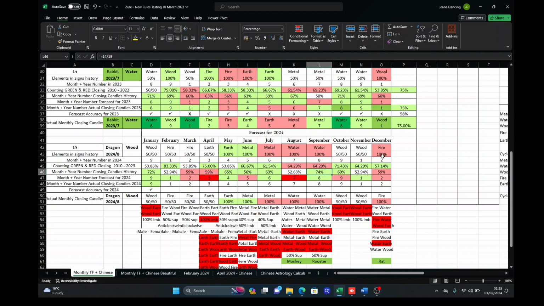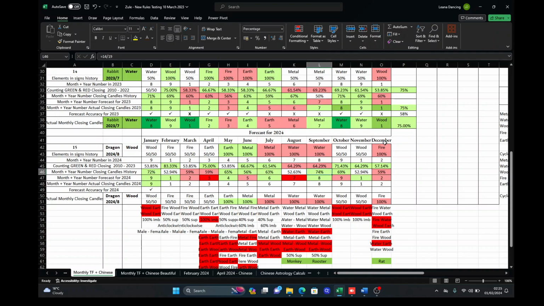And I have forecasted a red candle on the basis of the numerology and on the basis of astrology. However, it will be a fire element, so I'm gonna revise that later on throughout the year.